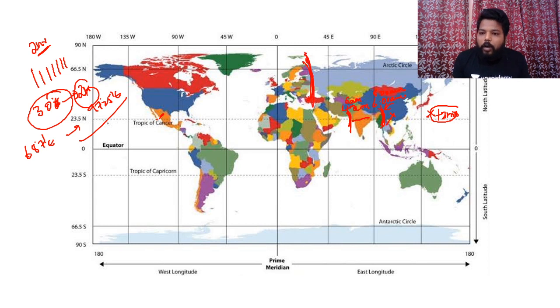I am just giving the example of India, but just remember what happens if one person lives in the eastern corner of Russia and another lives in the western corner of Russia. How difficult it would be. Russia's longitudinal extent is approximately 150 degrees. 150 into 4 is 600 minutes, so approximately 10 hours difference.